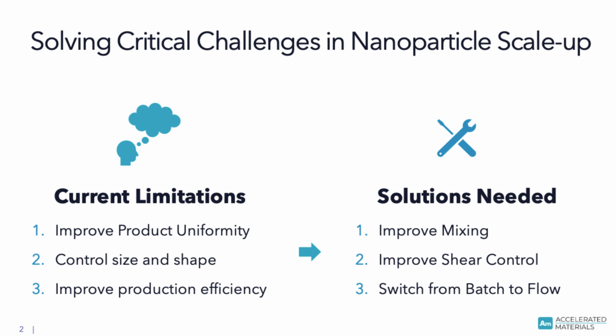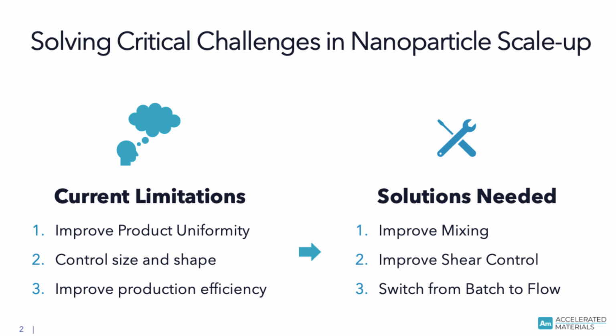And thirdly, in addition to the precision of that product and that control of size and shape, you also need to consider production efficiency. And this is sort of the elephant in the room when you think about nanomaterials, because although you can discover a very interesting and unique and high performance material at the lab, how do you get all the way to production?